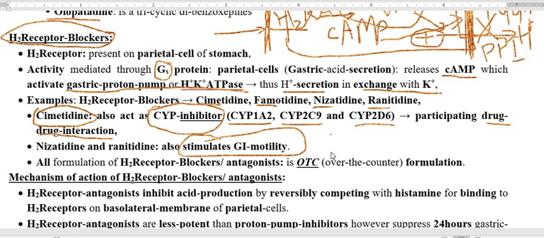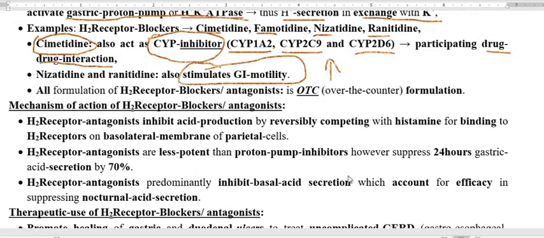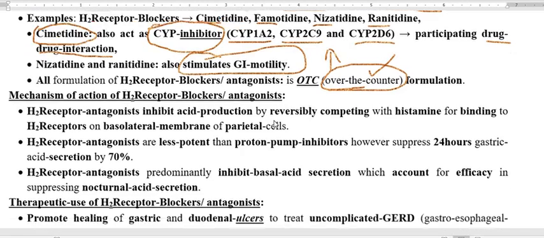They also increase the GI motility. An important feature of all four drugs is that they are OTC drugs, over the counter drugs. What do over the counter drugs mean? It means those drugs that are available even without a prescription. For these drugs, you don't need a prescription.